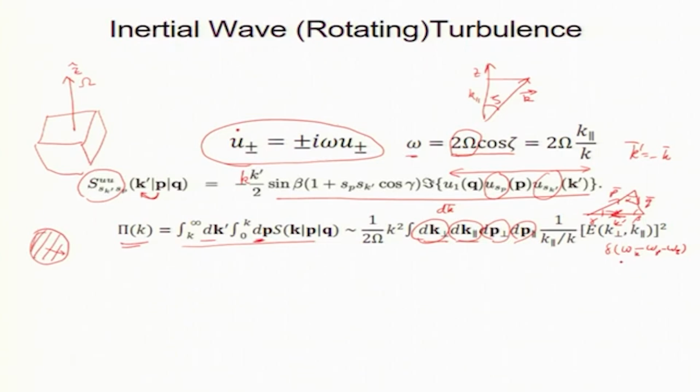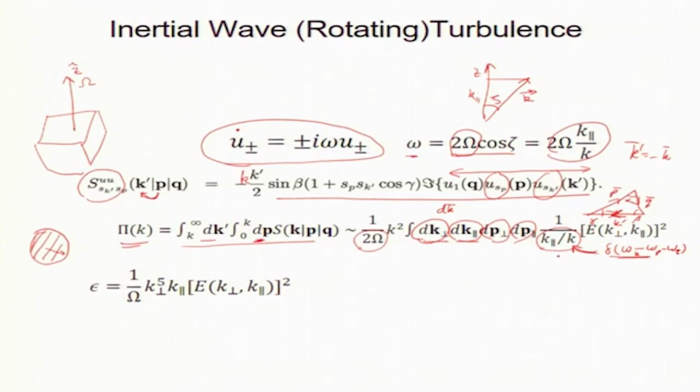Now, I am going to just count the dimensions. This integral is reasonably hard to do, but we will just count the dimensions. So, basically we get a delta function because of the time dependence part, and that delta function basically has dimension of frequency, and frequency is coming from here: 2 omega, which is here, and k parallel by k perp.